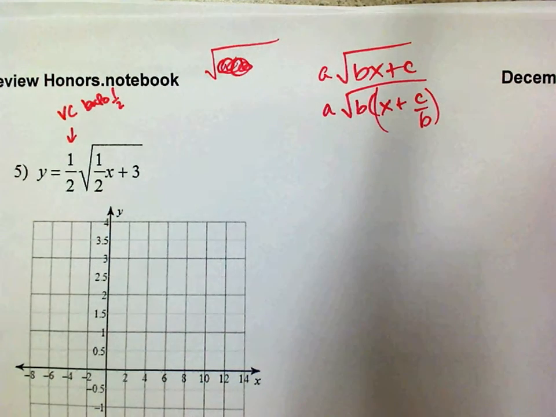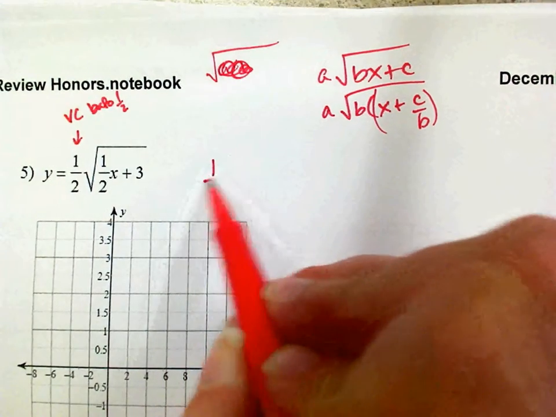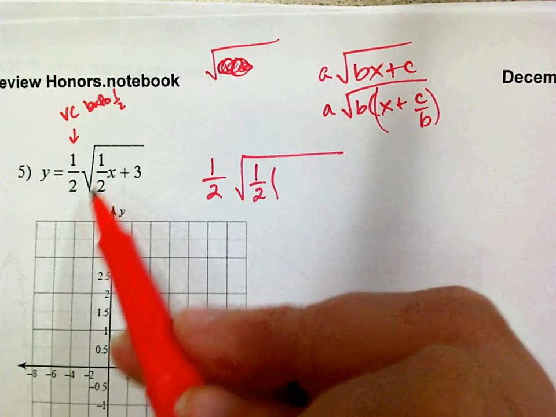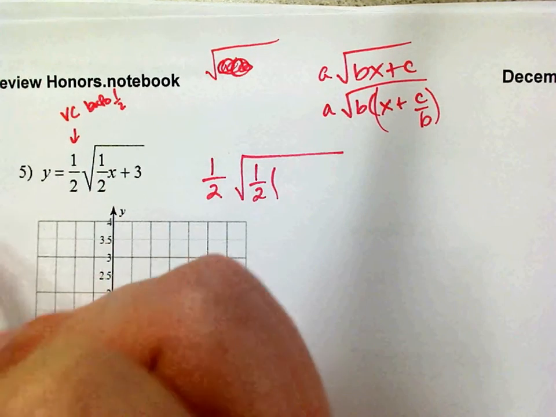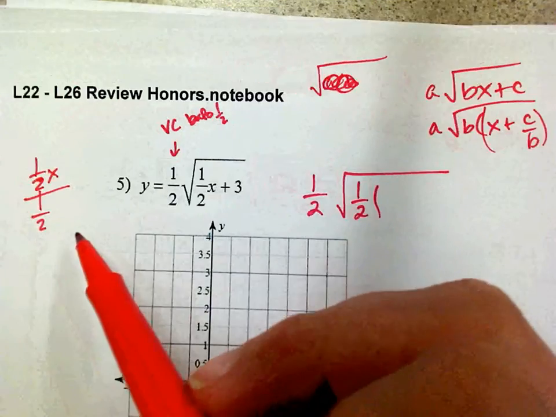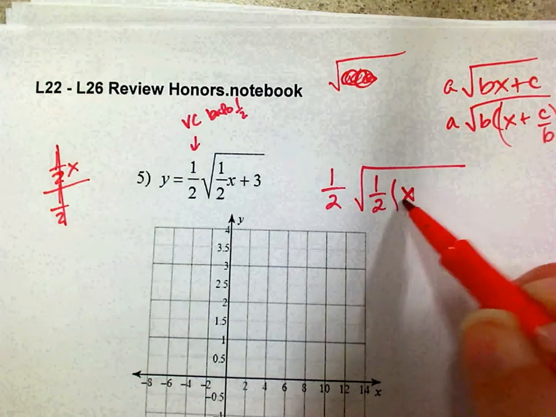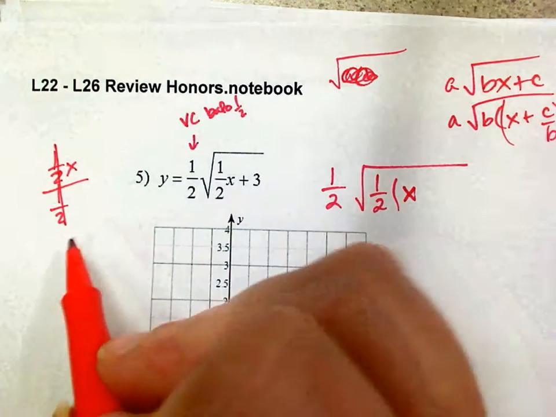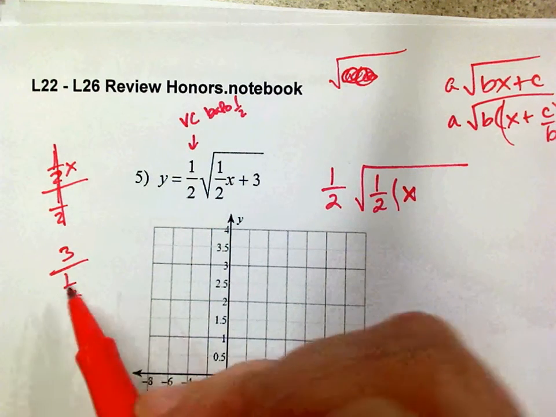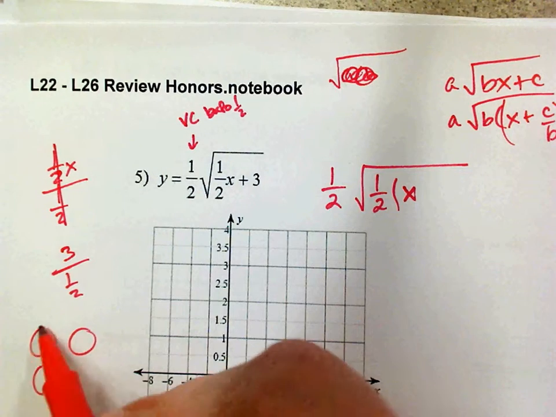Okay? So let's do that exact same thing. 1/2 times the square root of 1/2, and I'm going to factor it out. When I factor a 1/2 out of 1/2 x, so when I factor a 1/2, it's like dividing it. 1/2 divided by 1/2 is 1, so it's just 1x. But when I factor a 1/2 out of 3, you can think of it 2 different ways. How many halves are in 3? 1, 2, 3, 4, 5, 6.